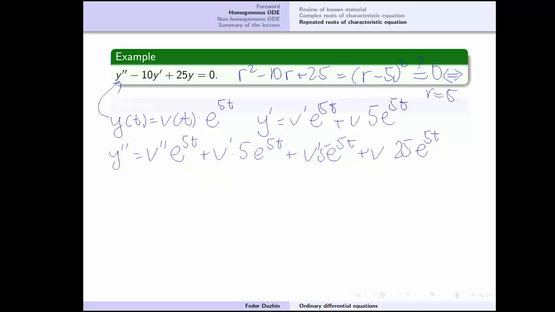And of course, strictly speaking, we can combine two copies of v prime. Anyway, at the end of the day we need to calculate y double prime minus 10y prime and 25y. So let me write these three things again.